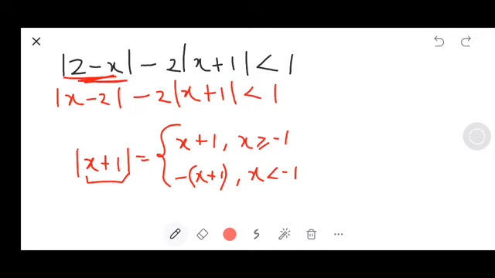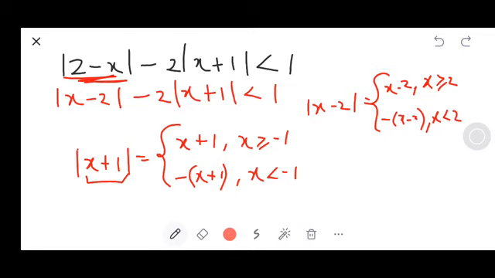Then the second one, absolute value of x minus 2, is the original x minus 2 when x is greater than or equal to 2, and negative of x minus 2 when x is less than 2.